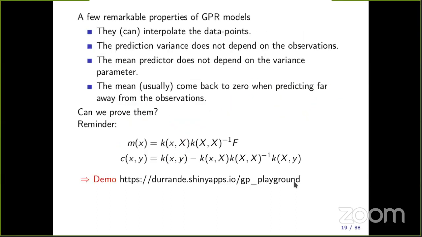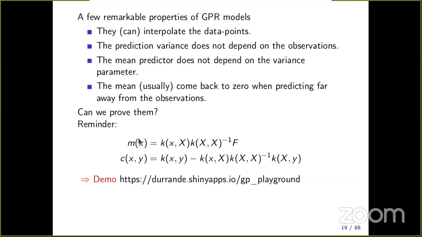Okay, so a few remarkable properties of Gaussian process regression models. The first one is that they can interpolate the data points. We've seen that previously. Maybe we can look at why this is true. If I want to predict at one of the points, uppercase X, that I've already observed, if I plug uppercase X in there, this is going to be a matrix times its inverse times the vector of observations.